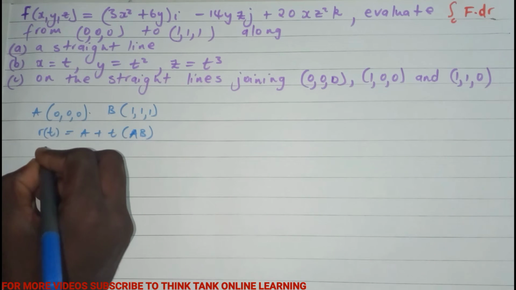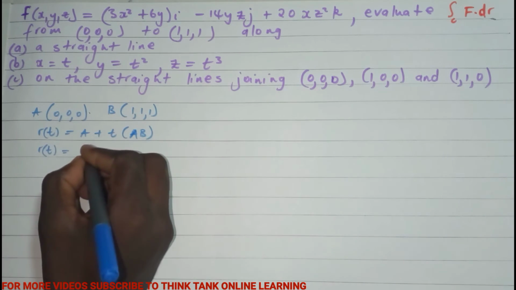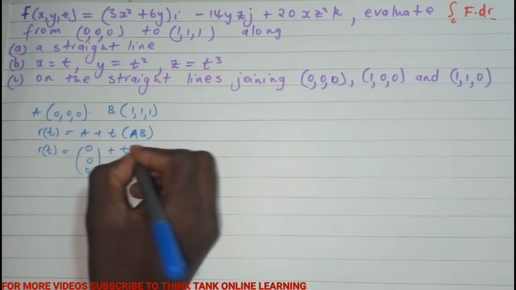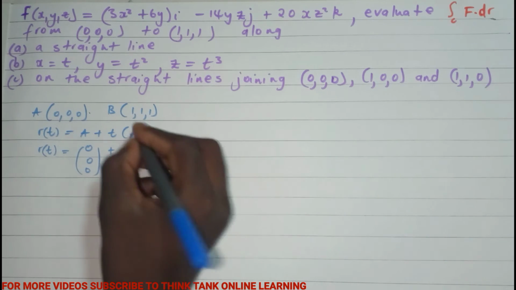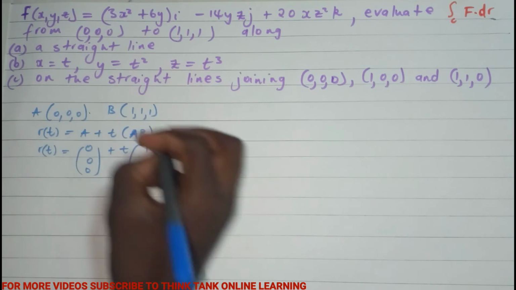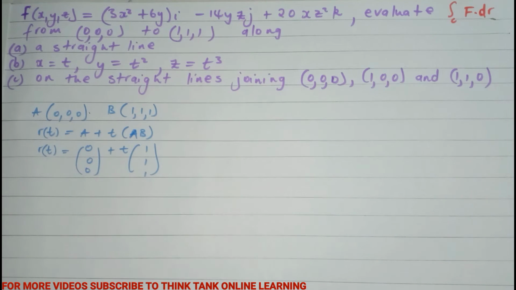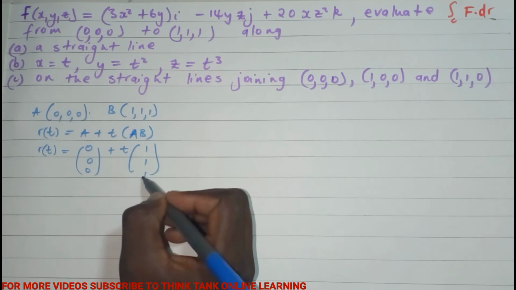So r(t) starts at the point (0, 0, 0) plus t times (1 minus 0, 1 minus 0, 1 minus 0), which is (1, 1, 1). This gives the values for x, y, and z.